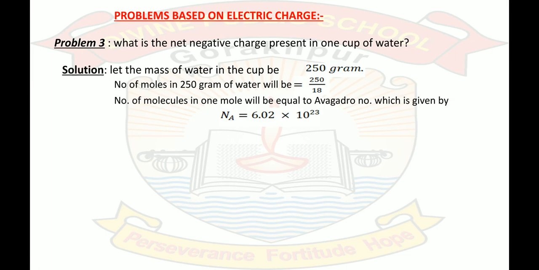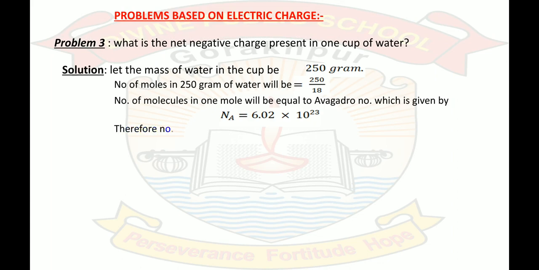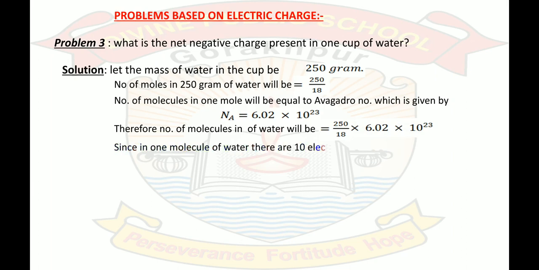Number of moles in the water is 250 upon 18, and in 1 mole there are 6.02 into 10 to the power 23 molecules. So the number of molecules in the water will be 250 upon 18 multiplied by 6.02 into 10 to the power 23.